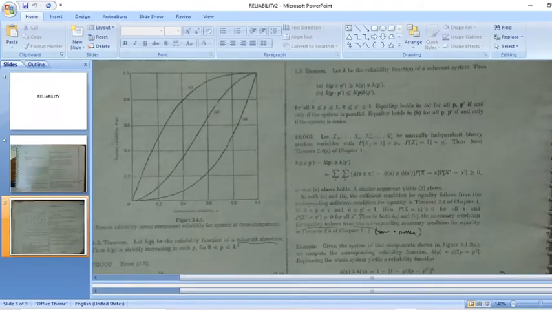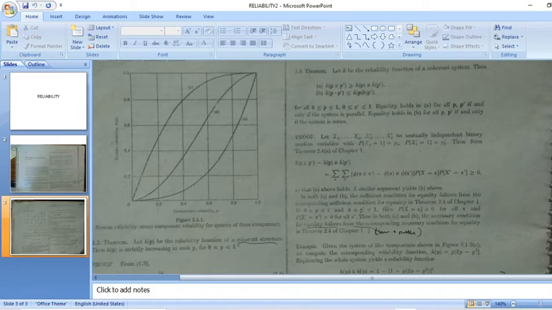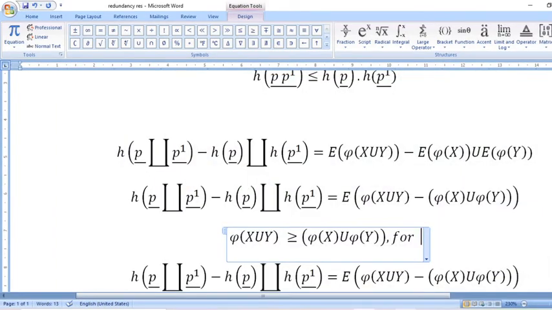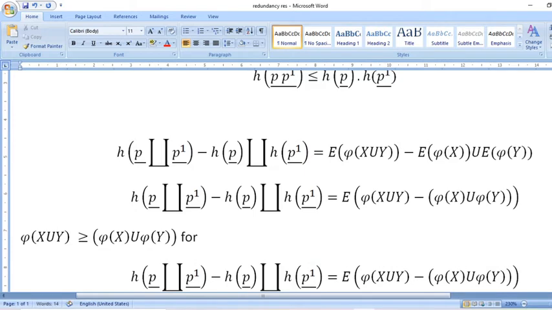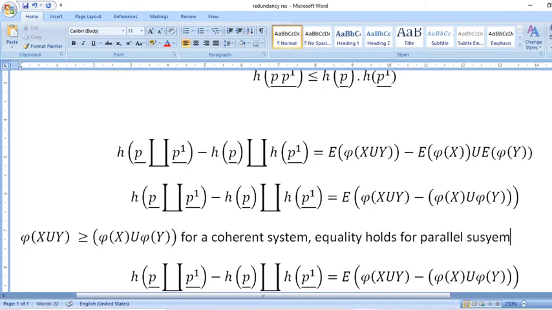So it is not necessary for parallel system. Equality for parallel system. So this is true for a coherent system. Okay. At the same time, equality holds for parallel system. We can substitute that, so this difference will be greater than or equal to 0.